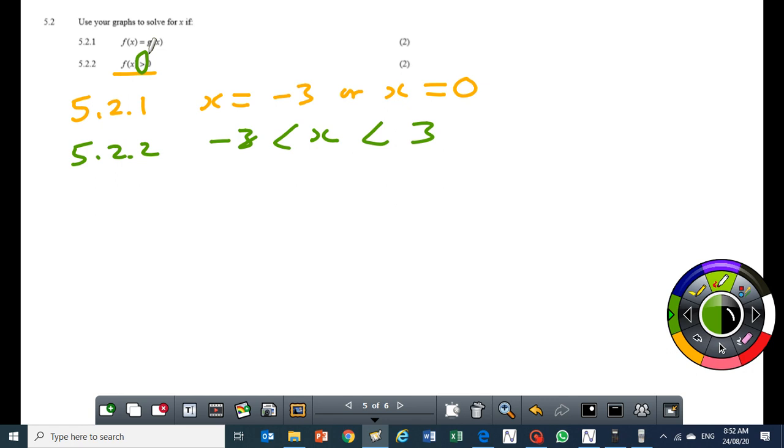So it means we are excluding the minus 3 and the 3 because at x equal to minus 3, y is 0. At x equal to 3, y is 0. But we want the values of y to be greater than 0. So the minus 3 and the 3 must be excluded. Okay? Then let's move on to the last part.